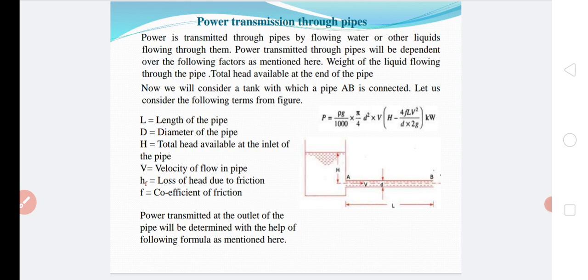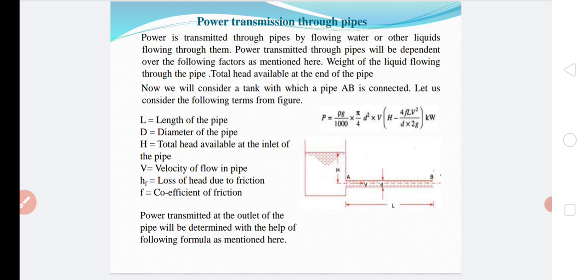Let us consider the following terms from the figure. L equals length of the pipe, D equals diameter of the pipe, capital H equals total head available at the inlet of the pipe, V equals velocity of flow in the pipe, hf equals loss of head due to friction, and f equals coefficient of friction.